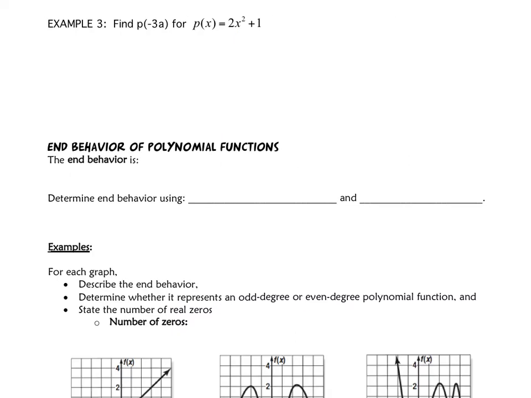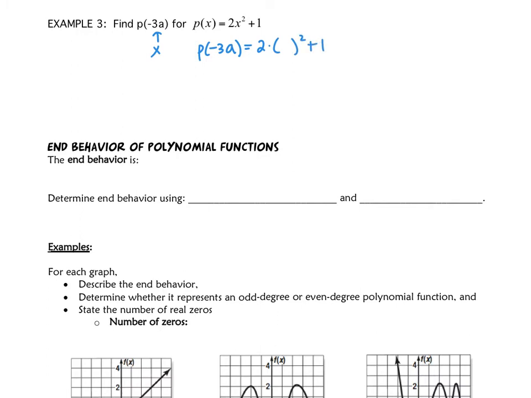In this next example, we are still evaluating, with a little bit of different notation though. In parentheses, we have negative 3a. That's what's going in for x. Because our input is in terms of a, our output is going to be in terms of a as well. So if we try to find p of negative 3a, we have 2 times x squared plus 1.